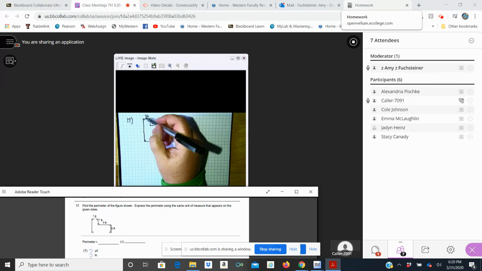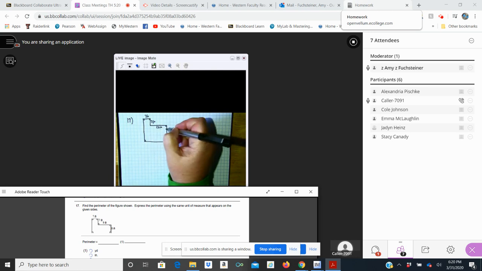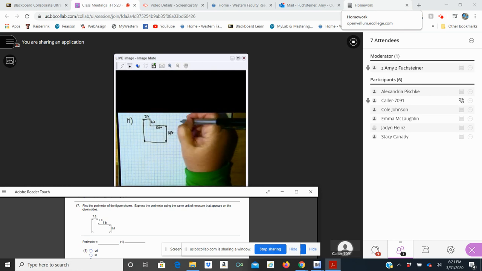We know we have 7 feet across, and that first drop is 7 feet. We know across this way is 13 feet. And we know this drop down is 10 feet. And it asks us to find the perimeter.